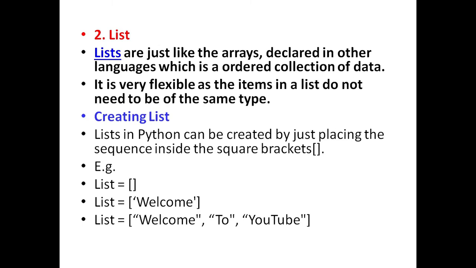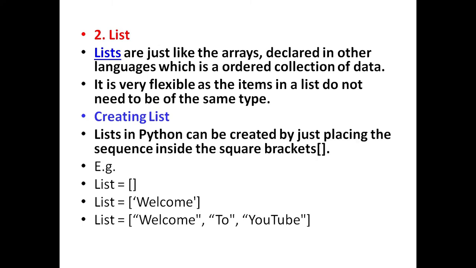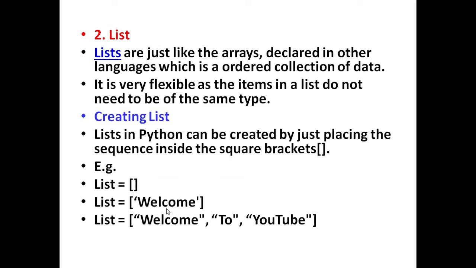It is very flexible as the items in a list do not need to be of the same type. In Python, a list can be created by just placing the sequence inside the square bracket. For example, a list with square brackets, a list with square brackets and inside it "welcome", or a list with "welcome to YouTube".